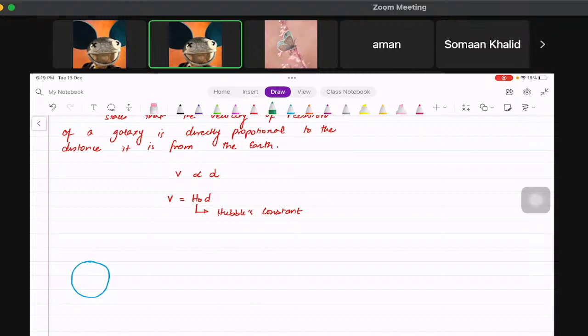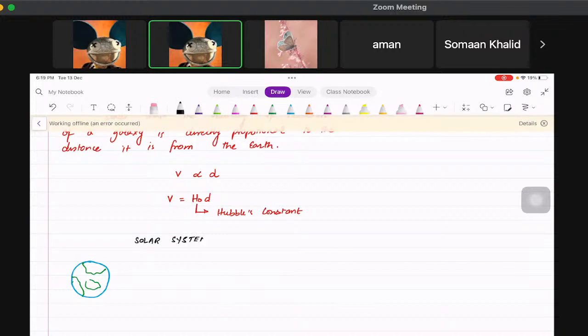So let's suppose this is our Earth, and from Earth, if you want to look at anything near our solar system, then all you need to do is put a radar. Let's suppose you want to see Venus.